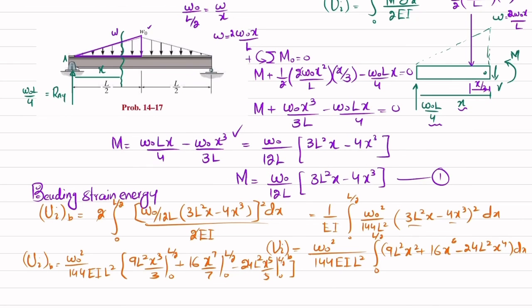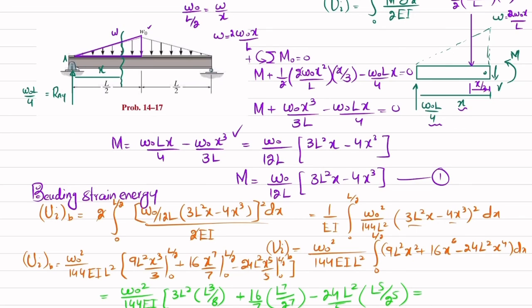Now if you further simplify it and put x equal to L by 2 in each portion, it will be W naught square over 144 EI into 3L square, with L replaced by L by 2, which is L cube over 8, plus 16 over 7 into L to the power 7 over 2 to the power 7, minus 24 L square over 5 and L to the power 5 over 2 to the power 5.